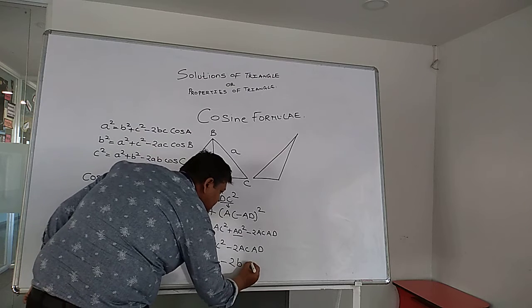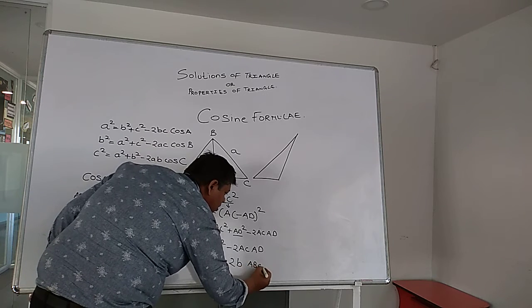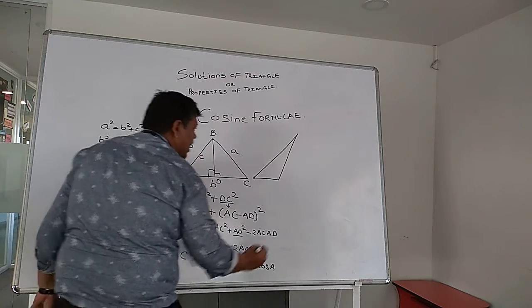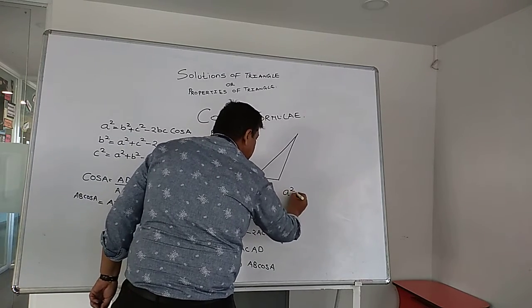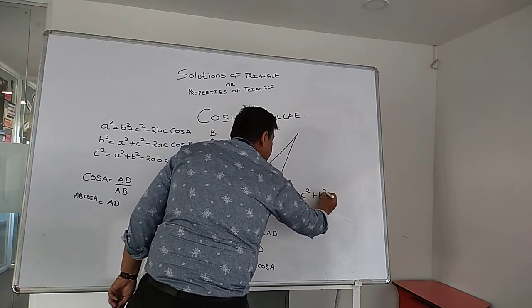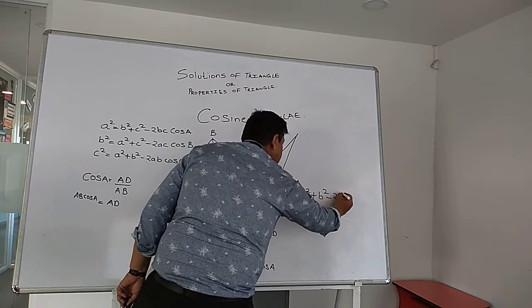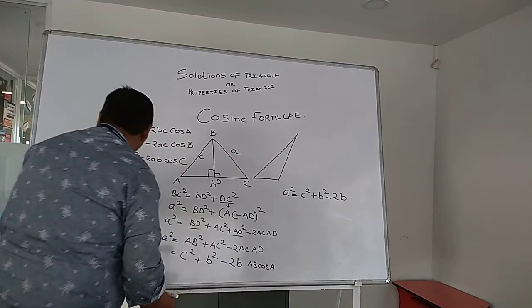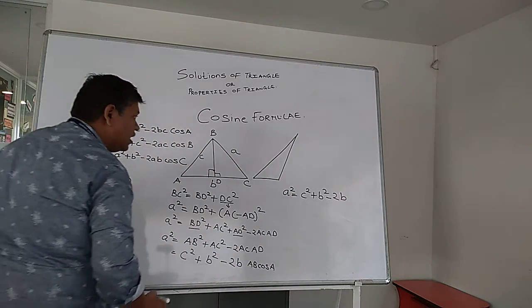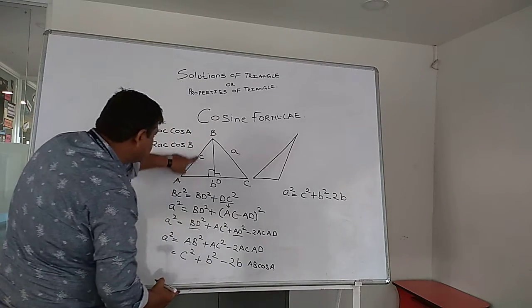The AD side is written as AB cos A, giving the derivation as a square is equal to c square plus b square minus 2b times AB cos A, where AD is equal to AB cos A, and the value of AB is c.